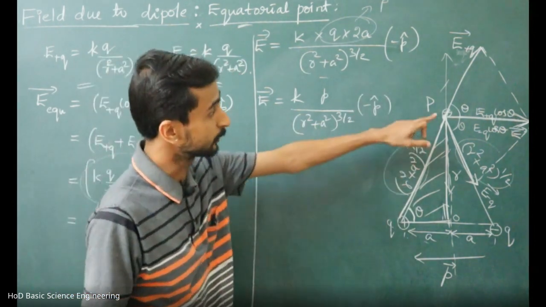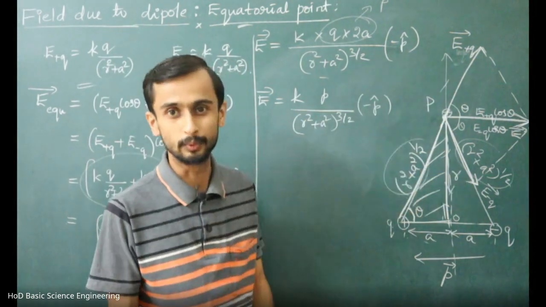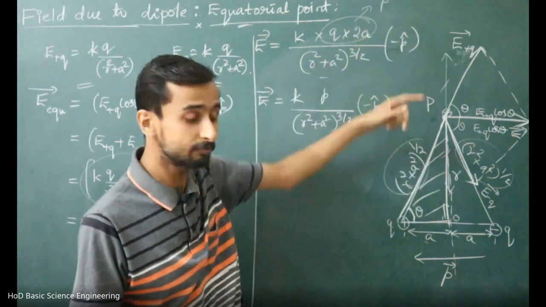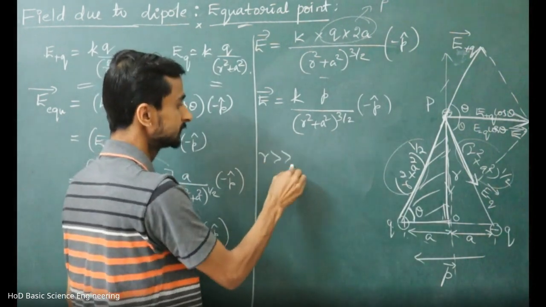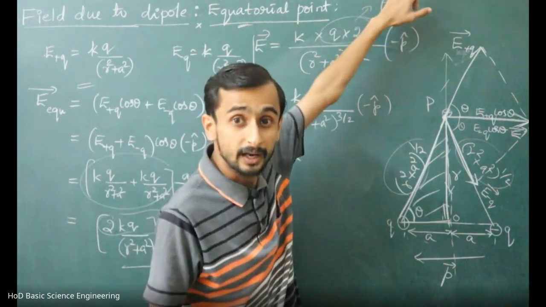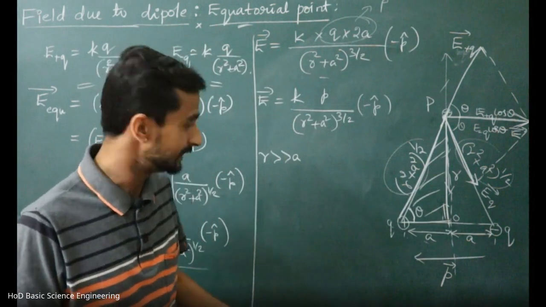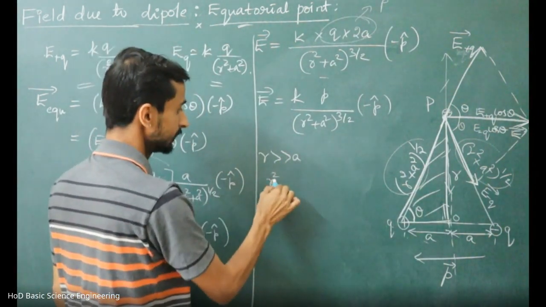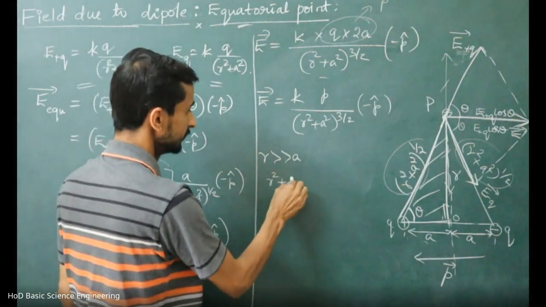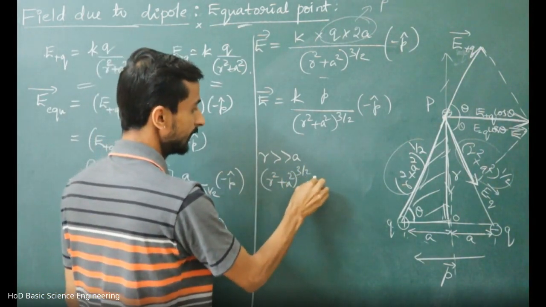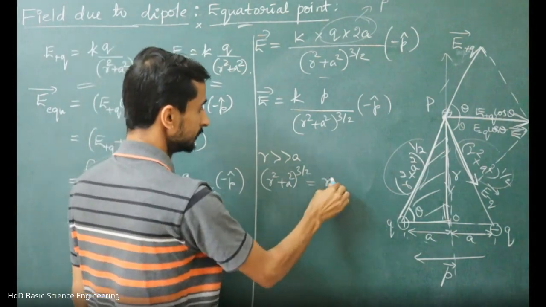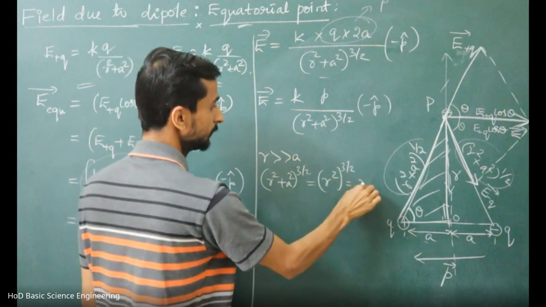Now, if you consider this particular point far away from the dipole, that means compared to the length of the dipole, R is very much greater than A. The dipole is very small, but the point is at a large distance from it. Then, similar to the previous derivation in the axial line, we neglect A. Substitute A equal to 0. Then R square plus A square to the power 3 by 2 becomes R square to the power 3 by 2, that is nothing but R cube.